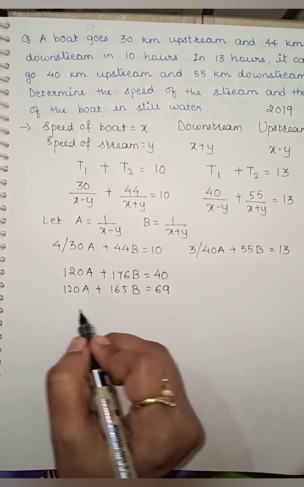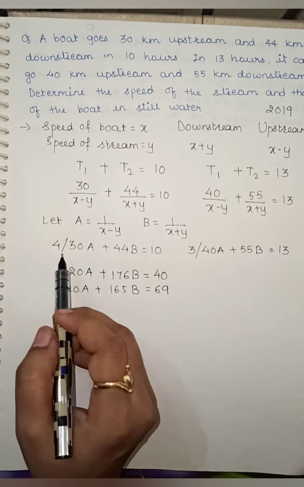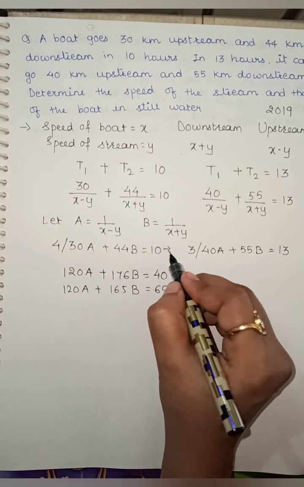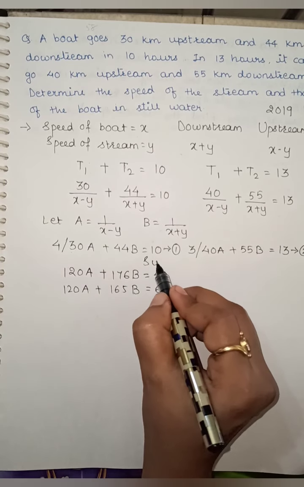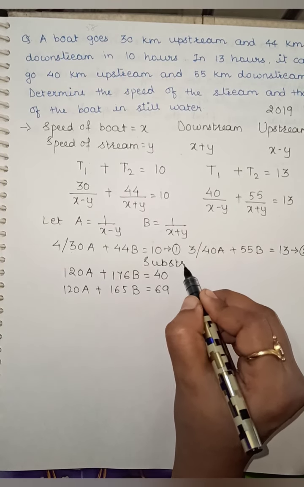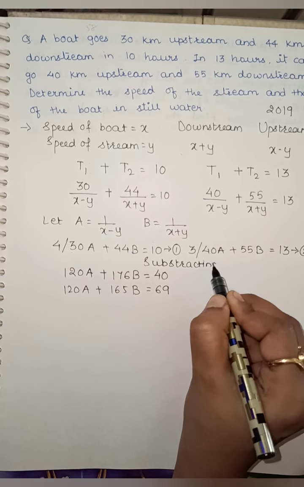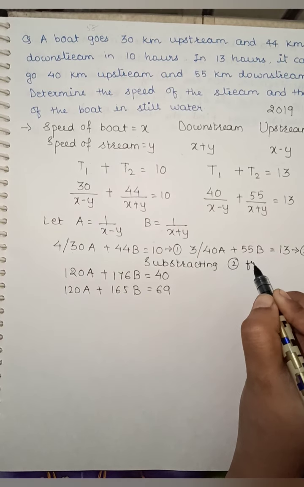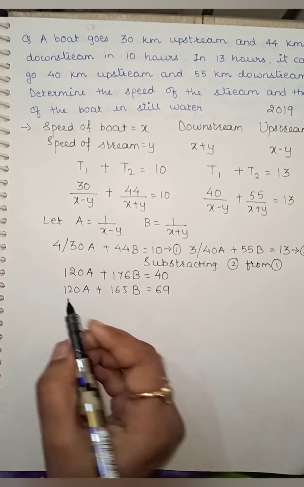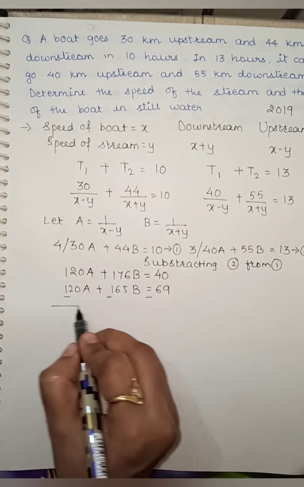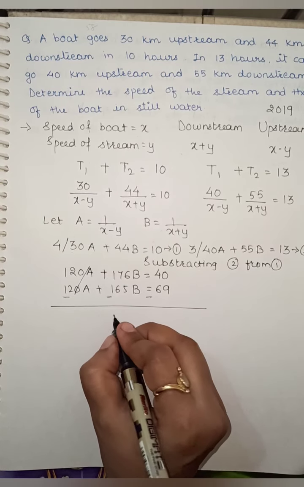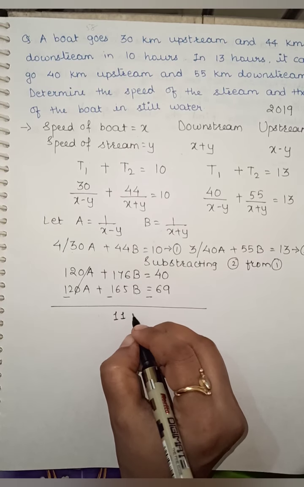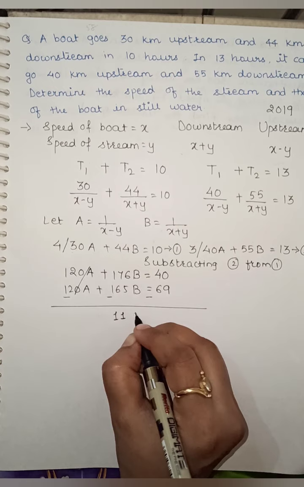Now let us subtract the second equation. So multiplying first equation by 4, second equation by 3, and then subtracting equation 2 from 1. So I have to change the signs. 176 minus 165 will give me 11b.